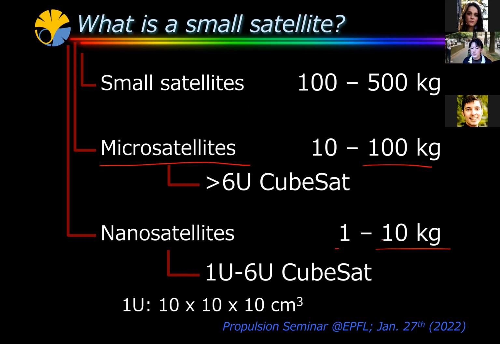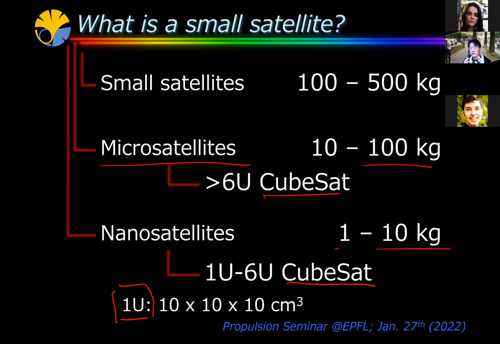There is also another category or naming of small satellites: CubeSat. A CubeSat is a nanosatellite or microsatellite consisting of 1U units. Here 1U is a kind of unit, 10 by 10 by 10 centimeters, and this 1U is the original CubeSat.